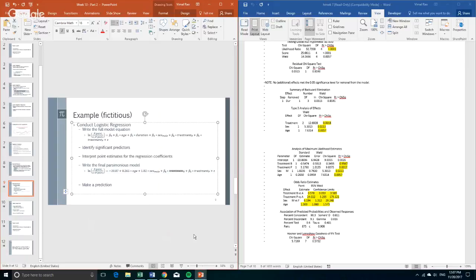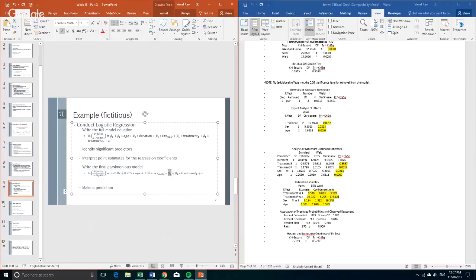Treatment B was not a significant predictor. There was no difference between treatment B and treatment A. Treatment P, on the other hand, was significant, and the regression coefficient there is 3.179. And so now this is our final parsimonious model. We have a significant intercept.